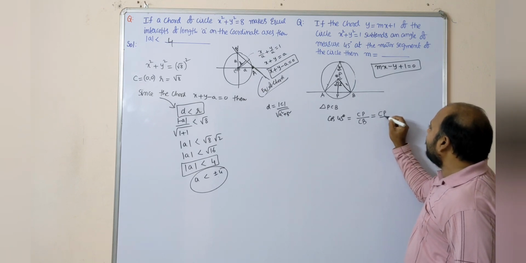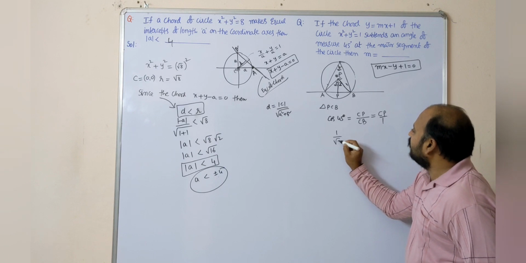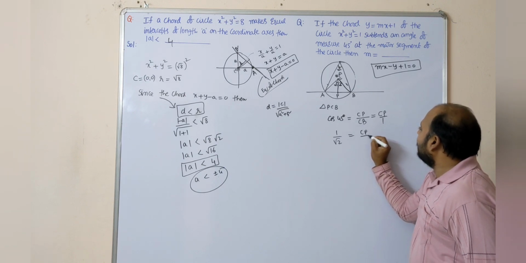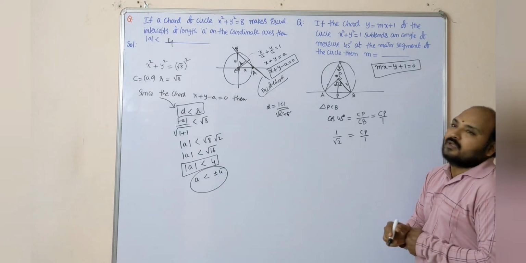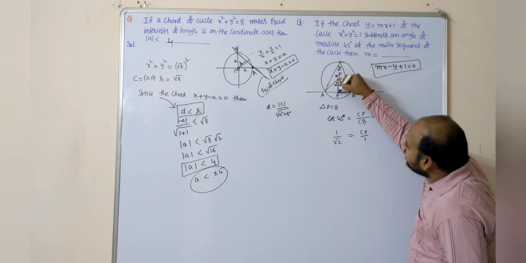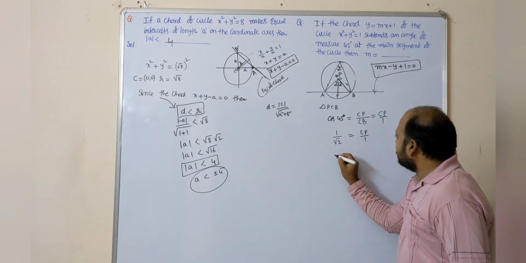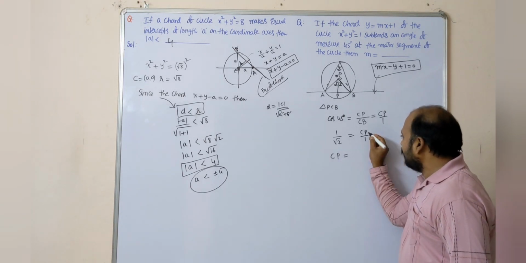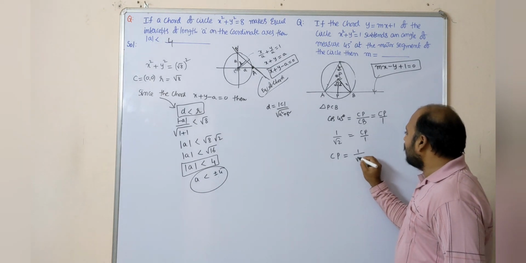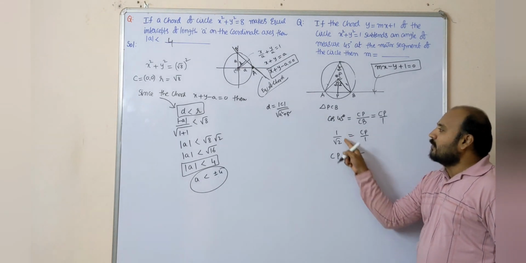So CP by 1 is cos 45, 1 by root 2. CP means perpendicular distance from origin to this line. So write it first: CP is equal to 1 by root 2.